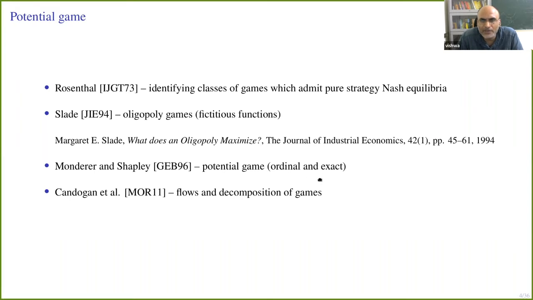But a complete theory was provided by Monderer and Shapley, and they call these games potential games, and they also talk about different variations of them as ordinal potential game, exact potential game, and so on. The geometrical characterization, the decomposition of non-zero sum games into a potential part and a harmonic part and so on, was studied by Candogan in Mathematics of Operations Research.